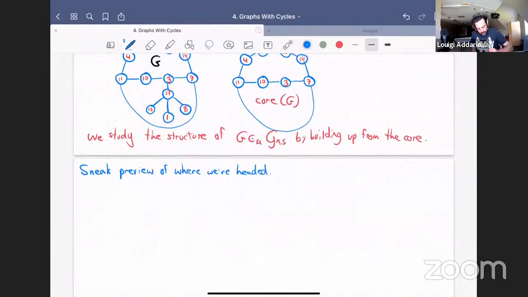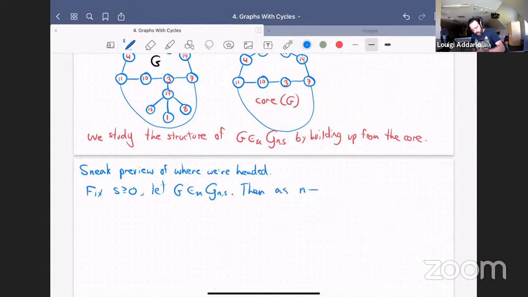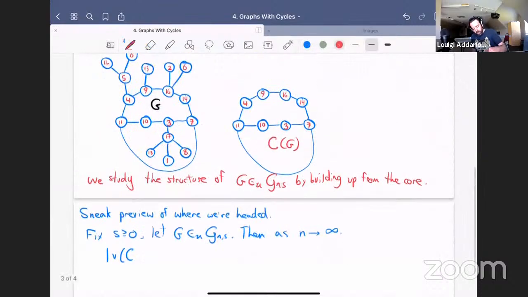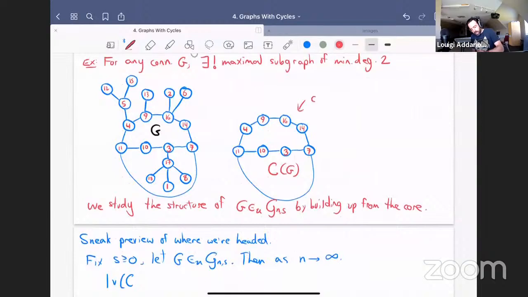If I fix some non-negative integer s and let G be a uniformly random graph in GNS, then as n tends to infinity, if I look at the number of vertices in the core, I'm going to call the core C of G, because that's my notation in my notes.